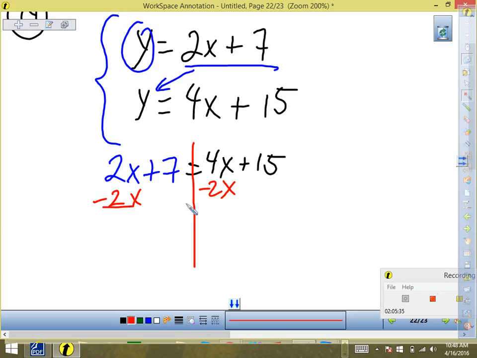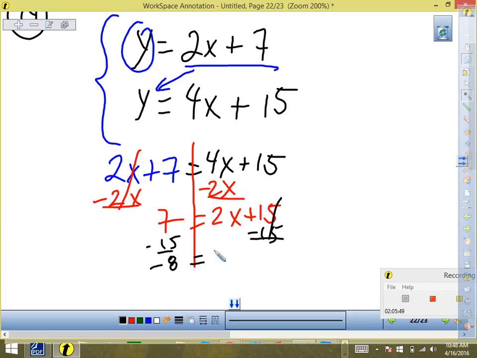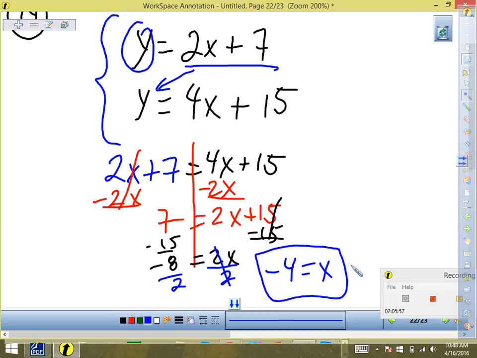Subtract 2x. 7 equals 2x plus 15. From there, we need to get rid of the 15. Subtract 15. Subtract 15. Negative 8 equals 2x. Divide by 2. Divide by 2. Negative 4 equals x.